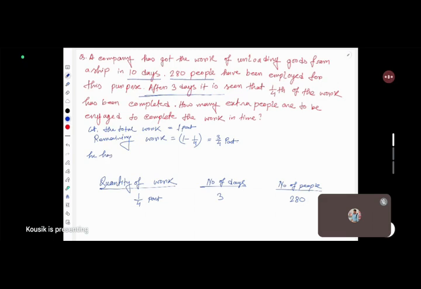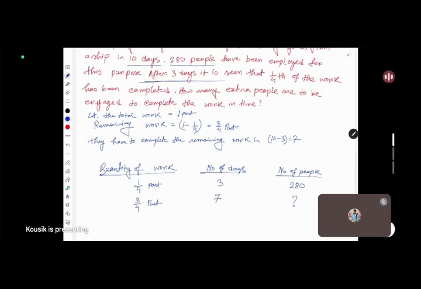They have to complete the remaining work in how many days? 10 minus 3, 7 days. So to complete the remaining work in 7 days, how many people are needed?